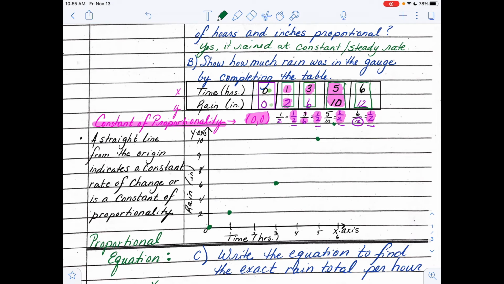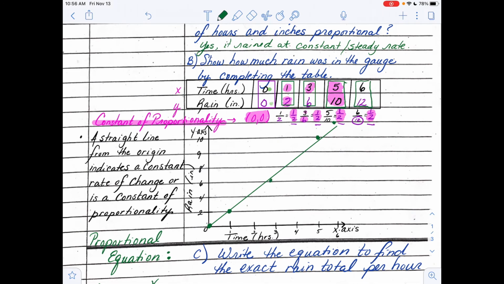When I connect the dots, notice what happens. I kind of messed up my graph, but it's only because it's not on an actual graph. It would be a nice straight line. And with that nice straight line, that shows me it is linear. Linear means it's a line.